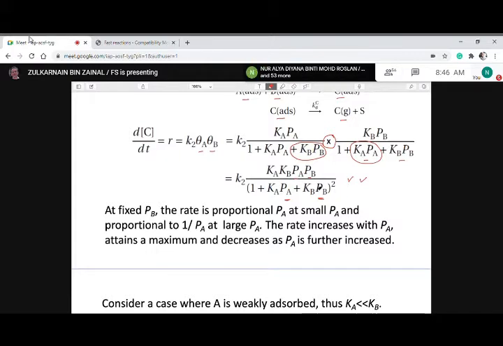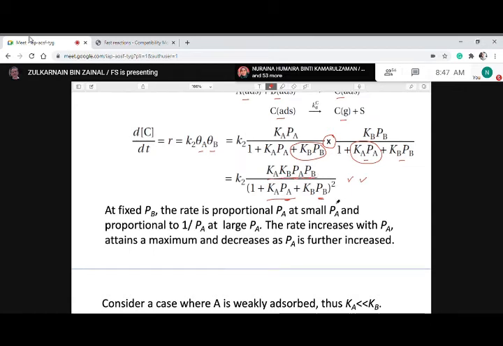The rate will only depend on PA at small PA, right? So meaning that this is constant, and the rate is proportional to PA at small PA.